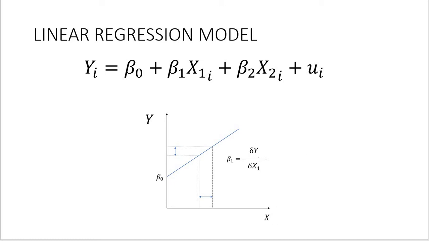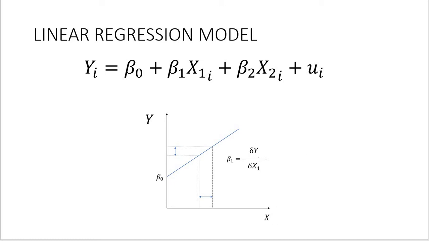Probably it's hard to understand what I mean at this point, but at the end of this lecture, you will understand how different forms of regression models actually depend on our assumption regarding the relationship between x and y. I mean, independent and dependent variable.